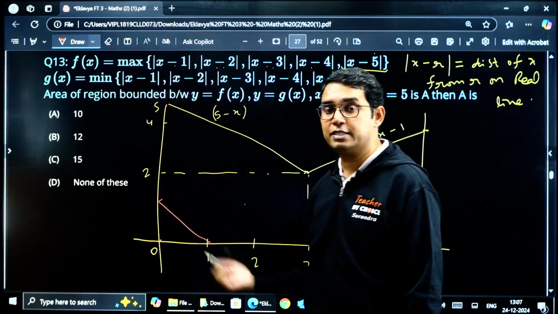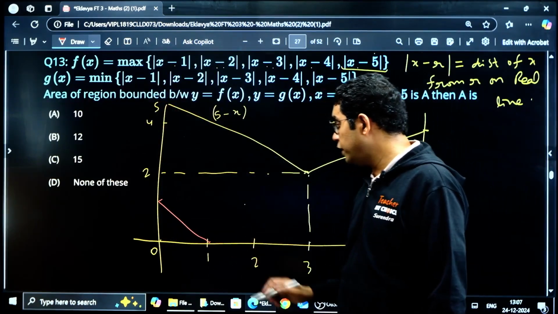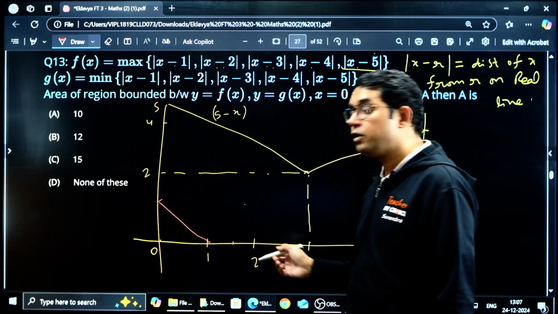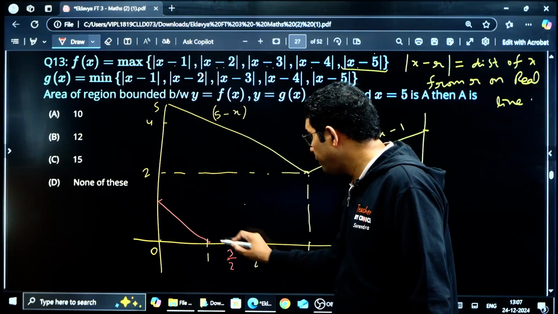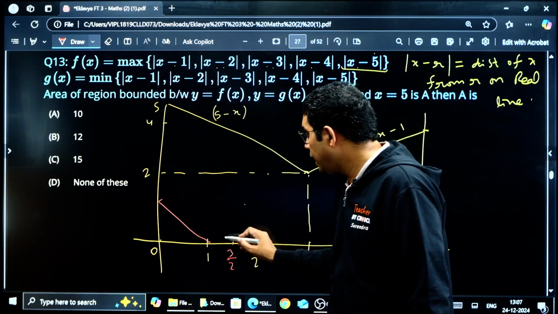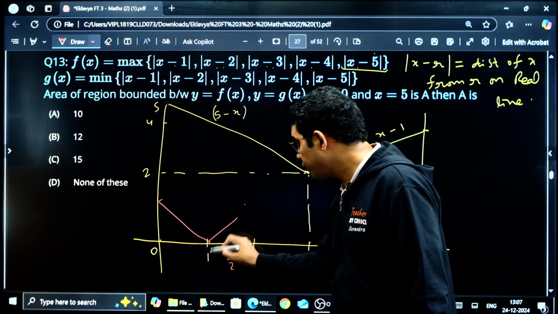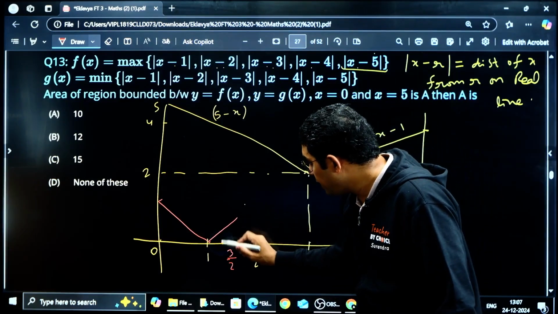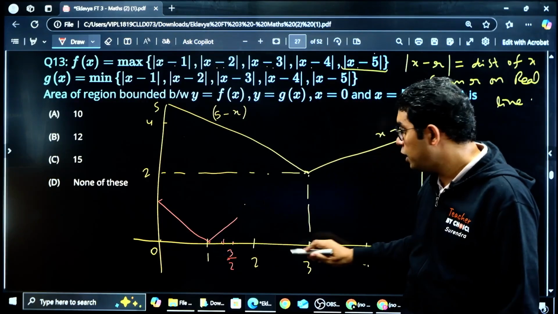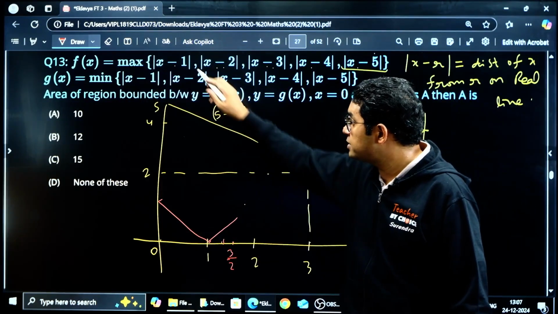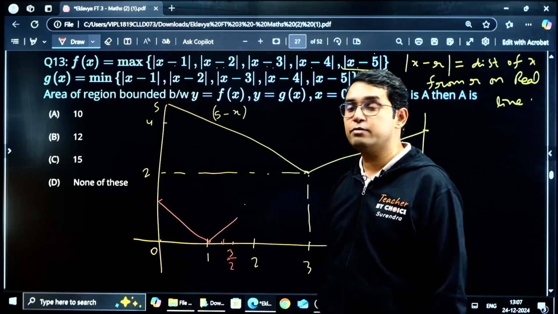That is given by mod x minus 1. Not only between 0 to 1, in fact after 1 also up to 3 by 2, the points between 1 to 3 by 2 are at minimum distance from 1, because here the distance from 1 will be less, distance from 2 will be more. So still we have the minimum distance defined using this mod x minus 1 only.